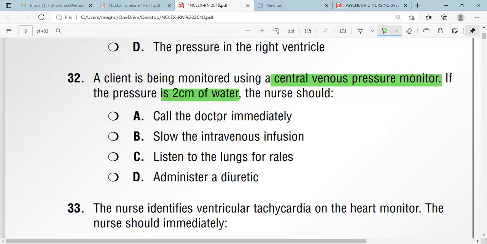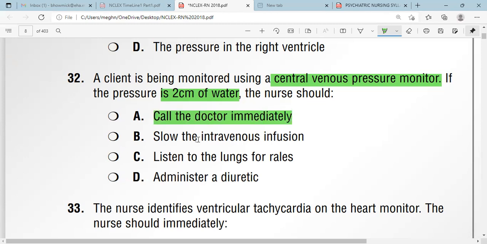Number A, call the doctor immediately. Number B, slow the intravenous infusion. Number C, listen to the lungs for any kind of added sounds. Or number D, administer diuretics. So the correct answer is A, call the doctor immediately.